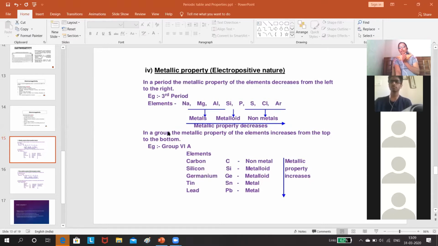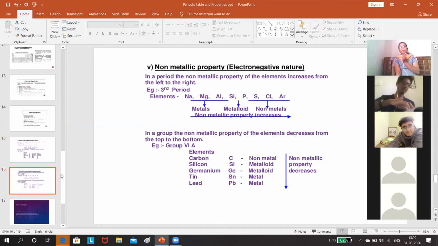Got it? Next, coming to non-metallic property. Non-metallic property is nothing but the electronegative nature, the tendency to attract electrons.